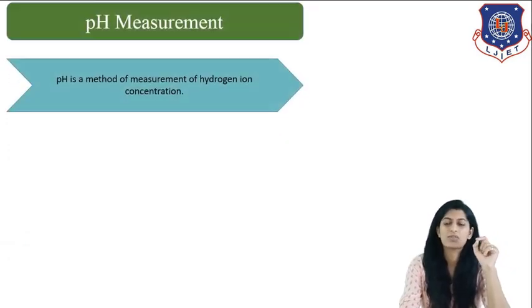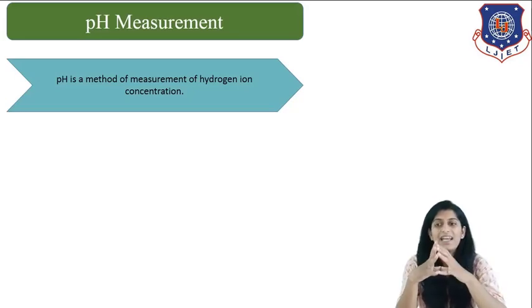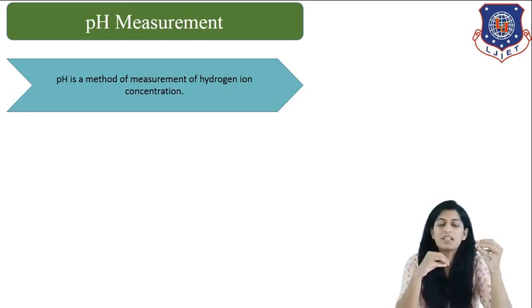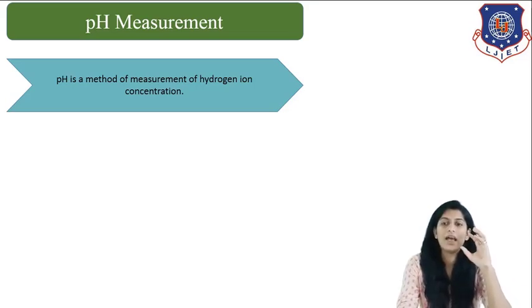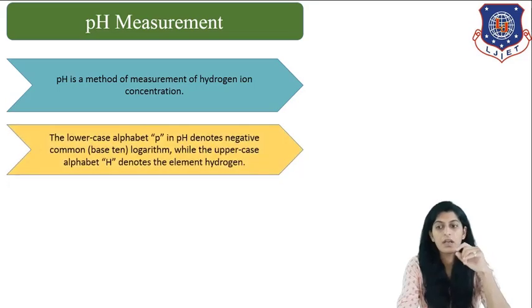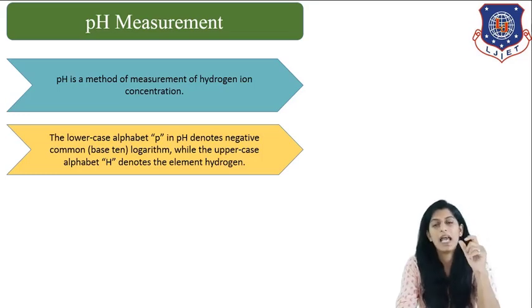Now, coming to some basic knowledge about pH. pH is basically the method of measurement of hydrogen ion concentration, correct. So we are focusing on the hydrogen ion concentration present in our solution. The letter P in the word pH represents the negative common logarithm, correct? And the letter H, in uppercase, represents the element hydrogen in our pH scale.